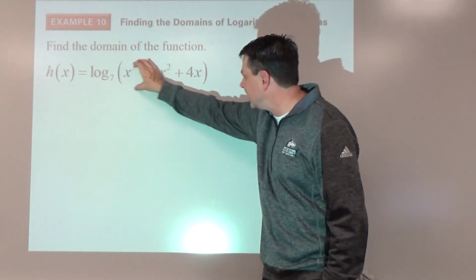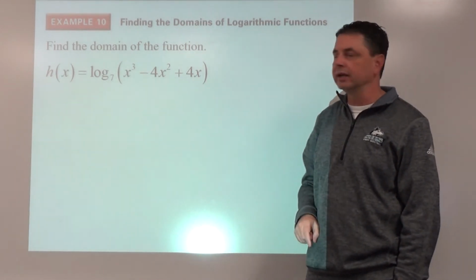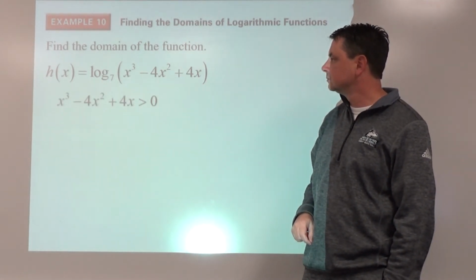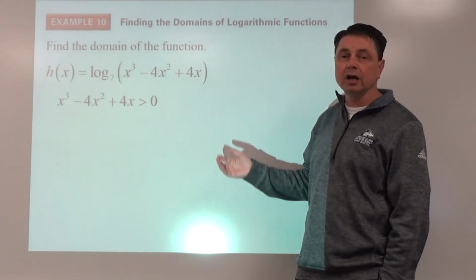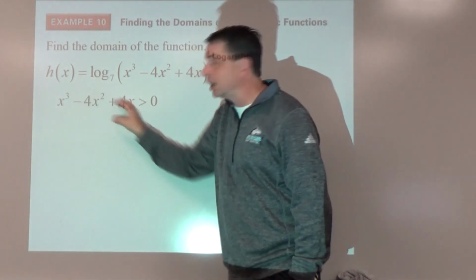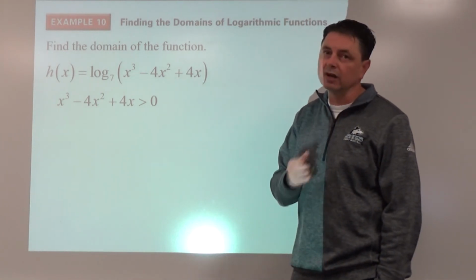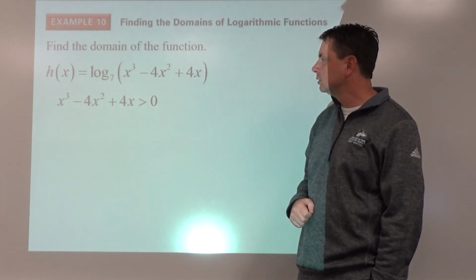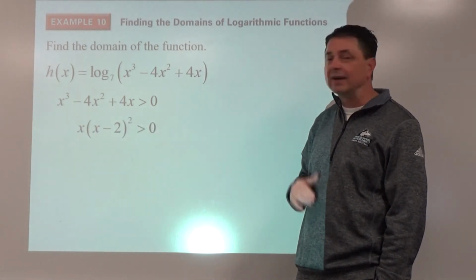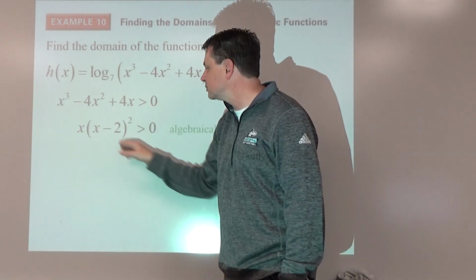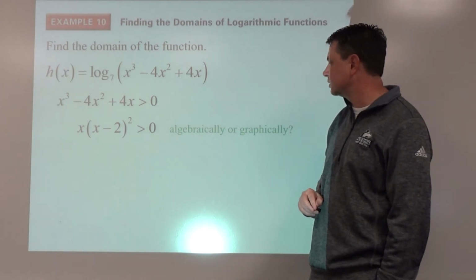Well, in this case, this has to be greater than 0. That's our setup. And now it just becomes a nonlinear inequality. We covered that back in chapter 2. You can factor that all the way. You get x times (x minus 2) squared is greater than 0.